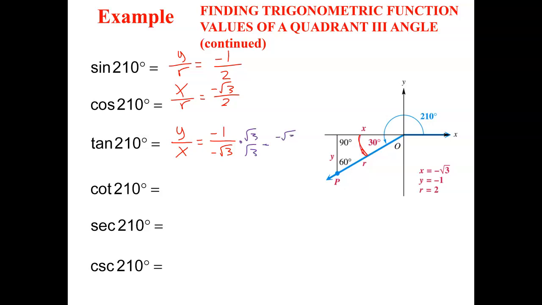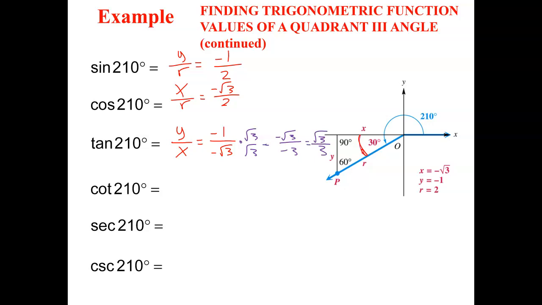So -√3 over -3. And then when I have a double negative, what happens? It becomes positive. So there's my tangent, √3 over 3. Notice that tangent's positive. Because they're both negative in quadrant 3, tangent's going to be positive. So it's going to be the exact same value as tangent of 30 degrees, because tangent is positive in both quadrant 1 and in quadrant 3.